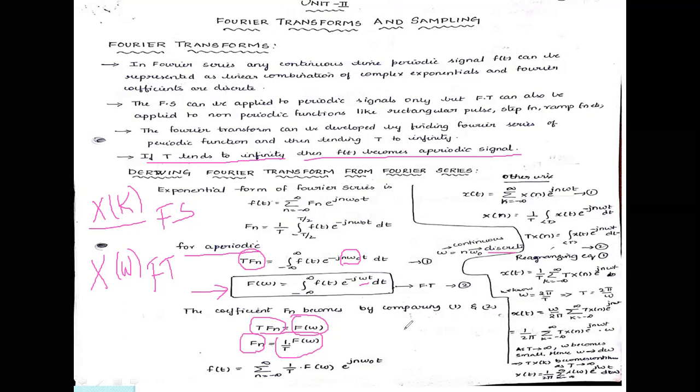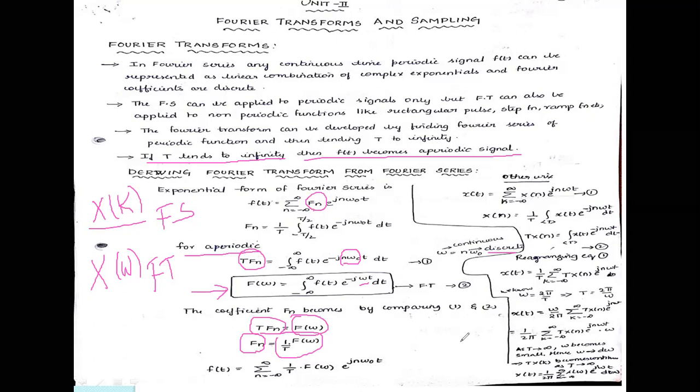Follow me, my dear students. So now what is f of t? F of t becomes the sum from n equals minus infinity to infinity. Instead of Fn, we have Fn equal to 1 by T F of omega, times e power j n omega naught t.